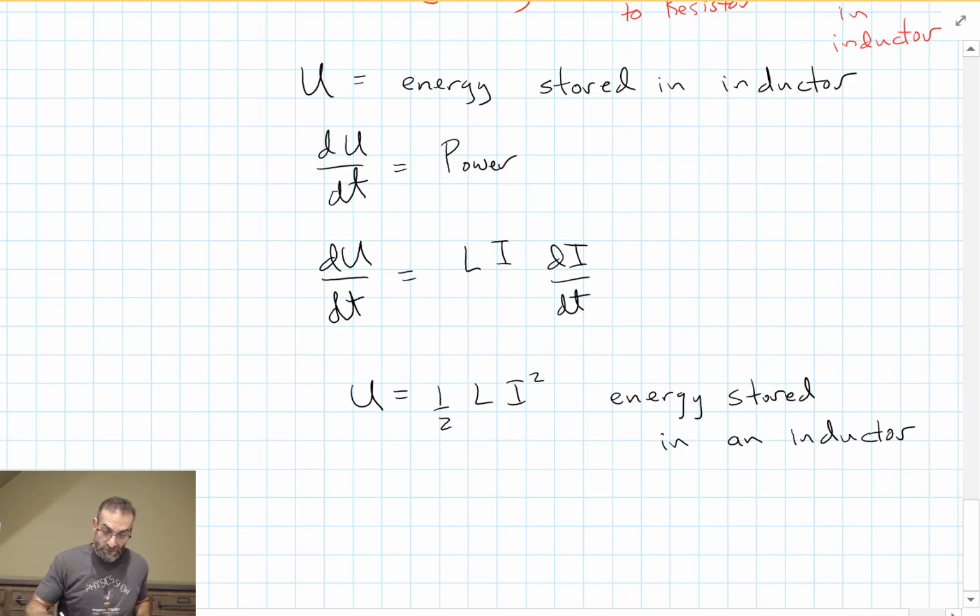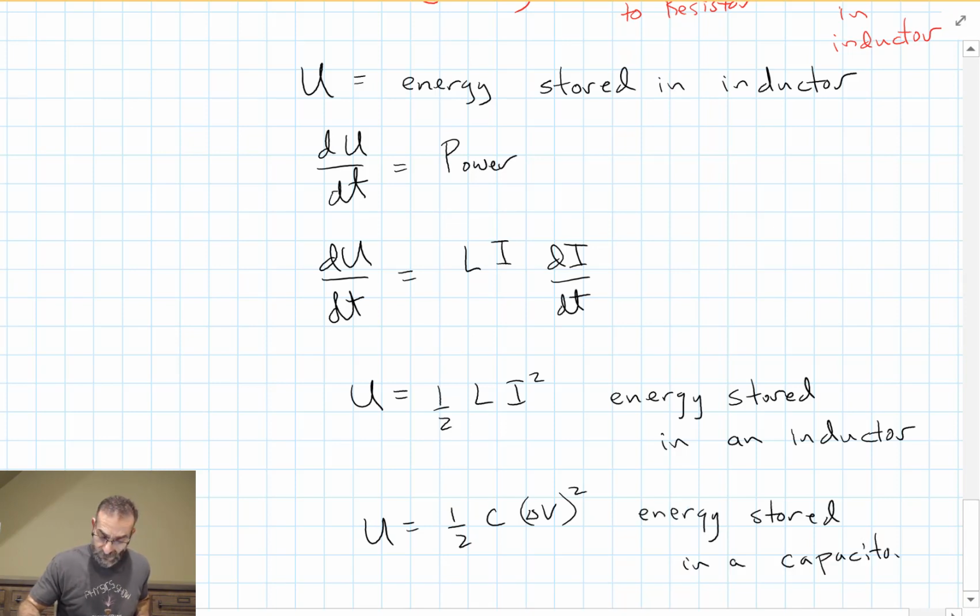That's very similar to what we got for a capacitor. The capacitor stores energy in the electric field between the plates. The inductor stores energy in the magnetic field in the coil.